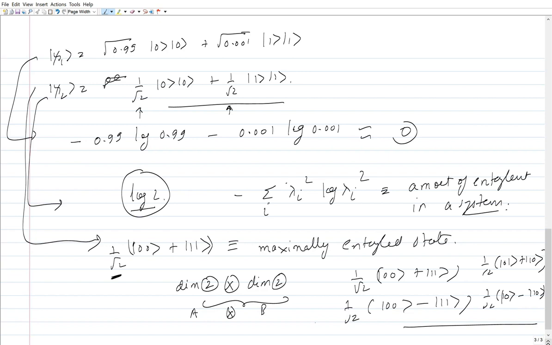So this was for the bipartite quantum system. I can similarly extend this notion of entanglement to a multipartite system. For example, I have systems A, B, C, D, a system of n electrons.